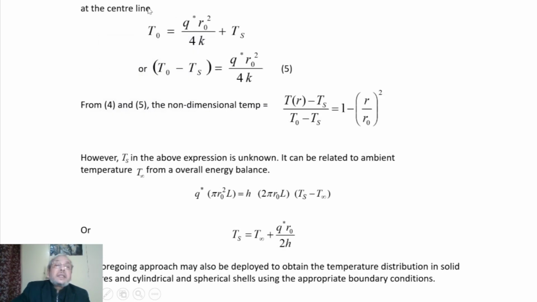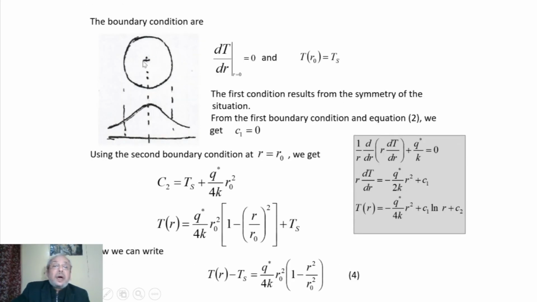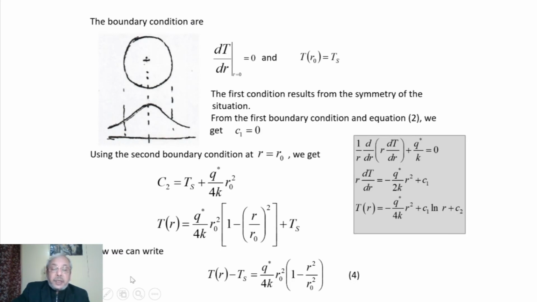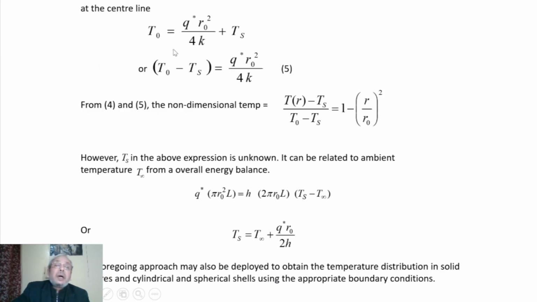At the center line, dT/dr equal to 0, that is one thing, but here the temperature is also maximum. So T naught, if we substitute r equal to 0 in this expression, we get the maximum temperature: T naught equal to Q star R naught square by 4K plus Ts.